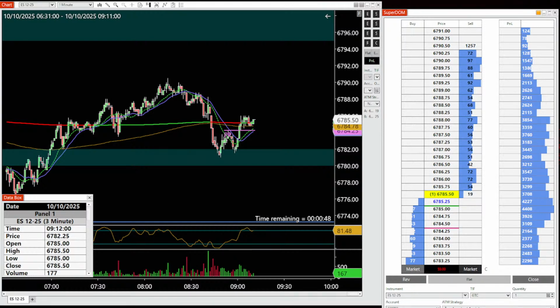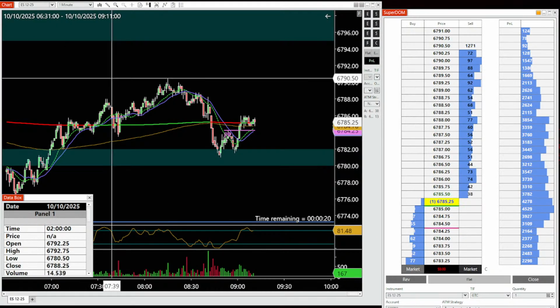I got 2 chances. Well, three options. 2 is in the green, 1 is in the red. If I lose 2, then I'm in the red. If I win 1 and lose 1, I'm still green. If I win both, I'm still green. So try to put the odds in my favor with how I'm trading, but the main point is I gotta make good trades for that to work.